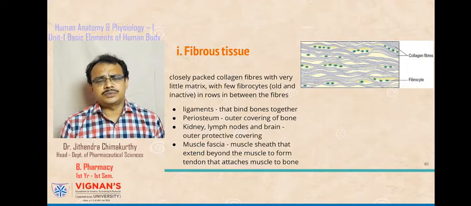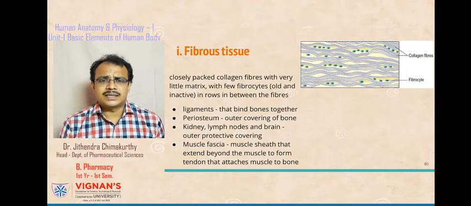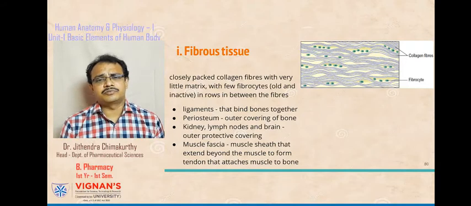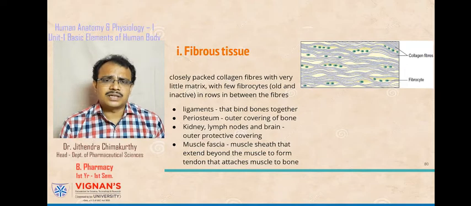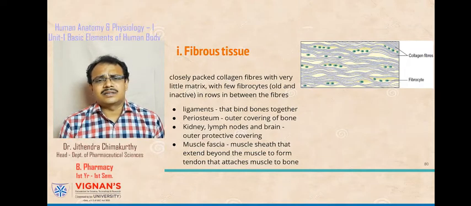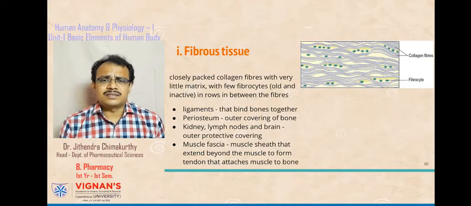Coming to the distribution of fibrous tissue, they form the ligaments which form attachment between two bones. They are also found around the muscle fibers as sheaths called muscle fascia, which later extend to form the tendon, giving the muscle attachment with the tough bone.